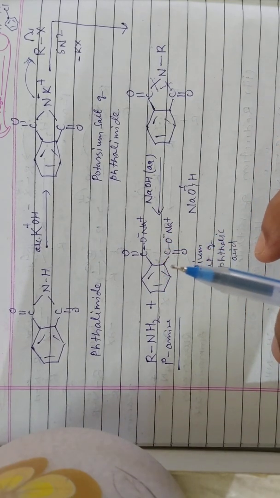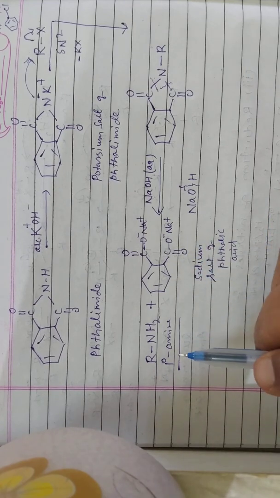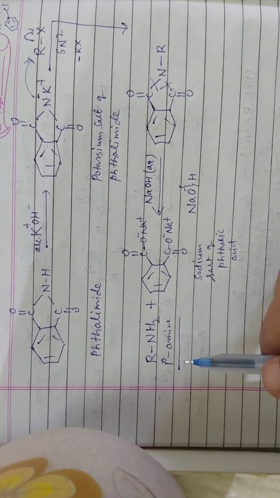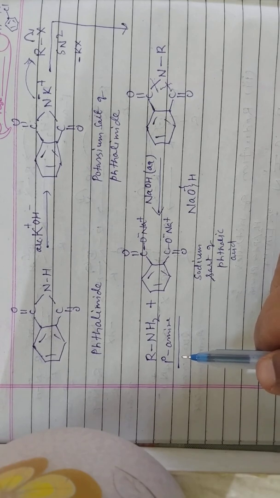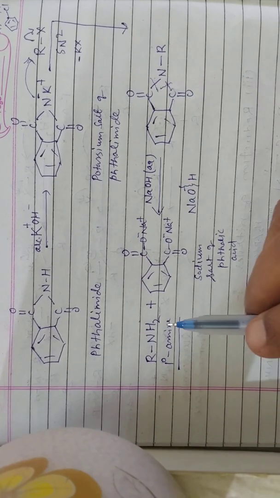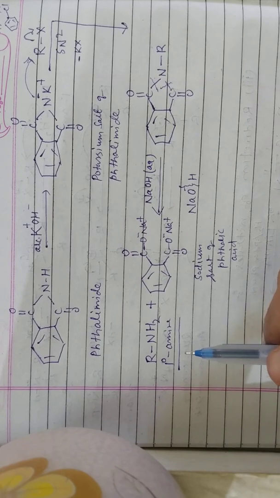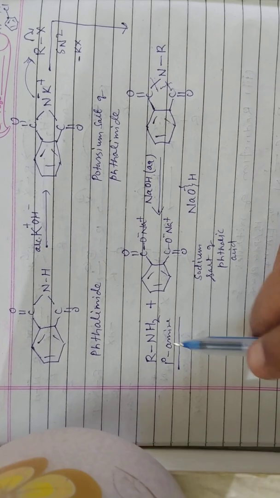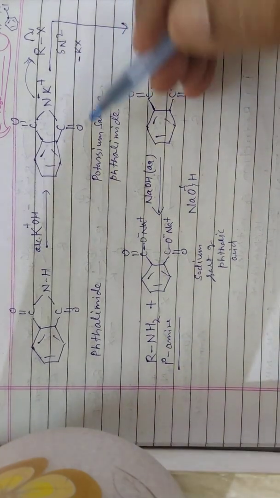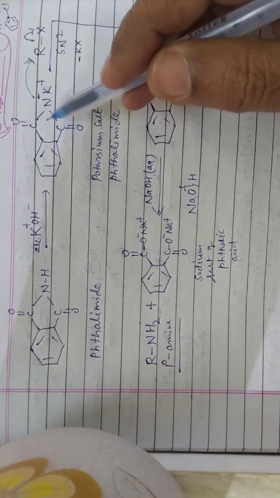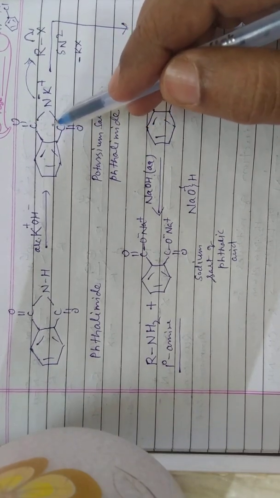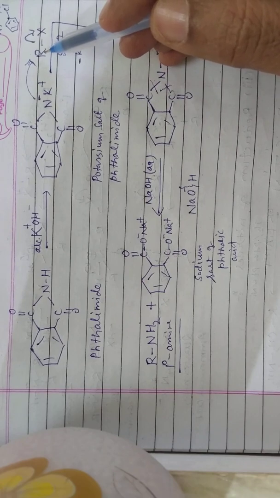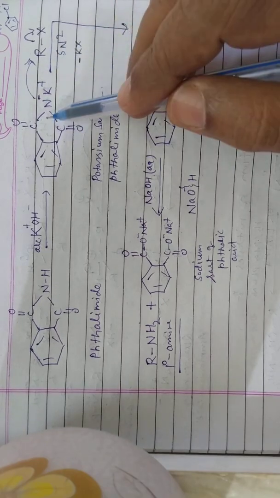It is given in the note also that we can synthesize only pure aliphatic 1 degree amine with the help of Gabriel phthalimide synthesis, not aromatic amine. Means aniline cannot be synthesized by using this method. It is because the large phthalimide anion cannot attack the aryl carbon, due to steric hindrance.